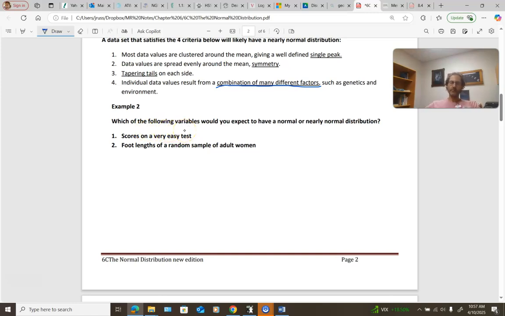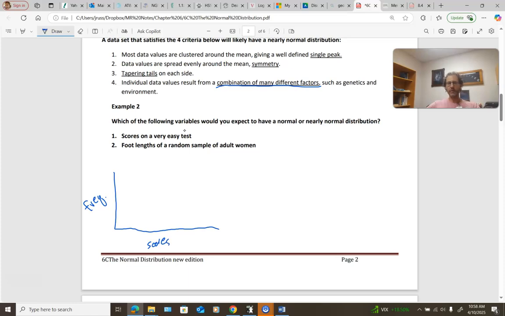So I'm going to draw a little graphic for you. Let's pretend that we had collected scores from this very easy test, and we did our frequency table, and we made a histogram. My vertical axis would represent the frequency, and my horizontal axis would represent the scores.